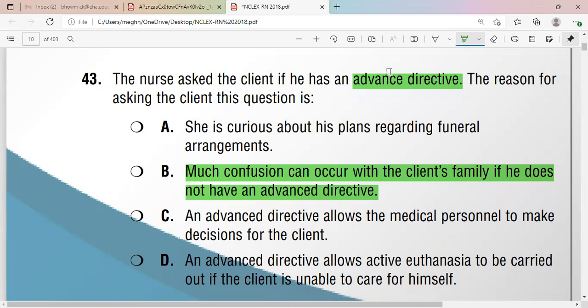What is a living will? It is prepared by a competent adult and gives healthcare directions in case that person is unable to make a decision on their own.